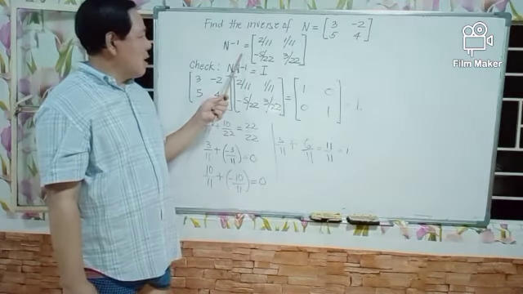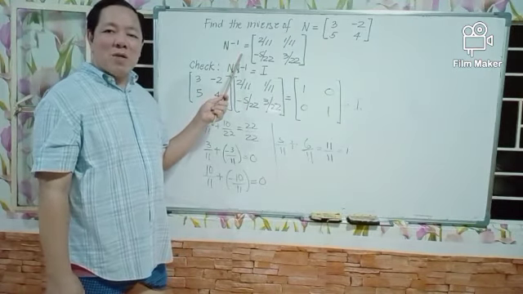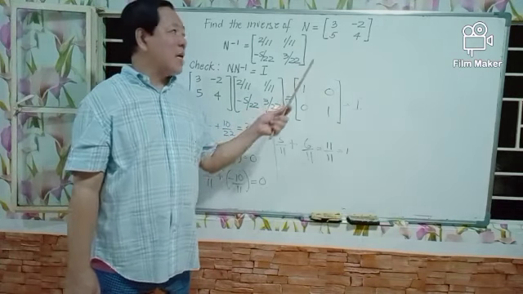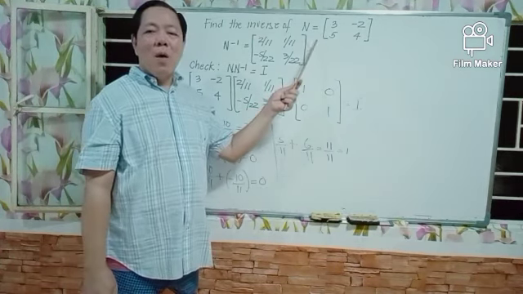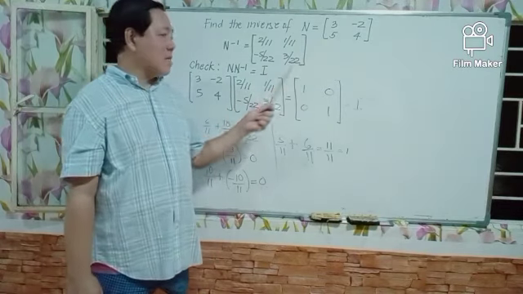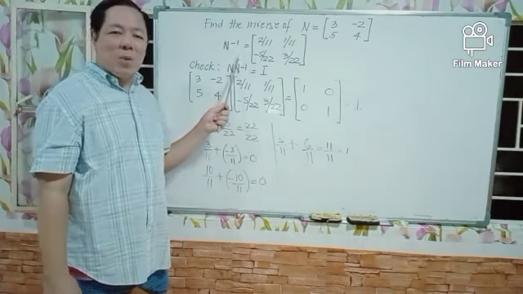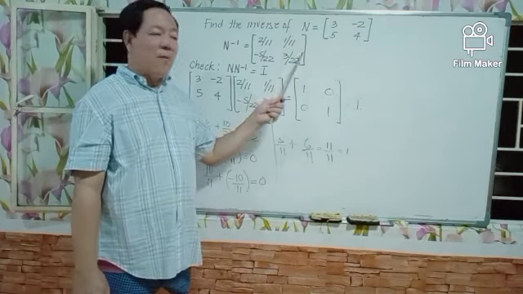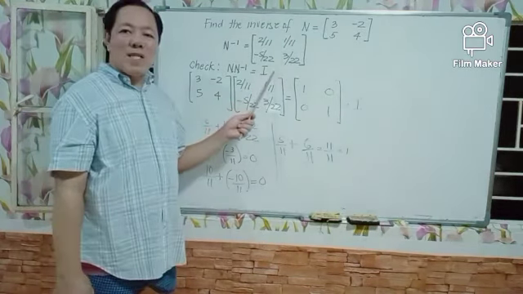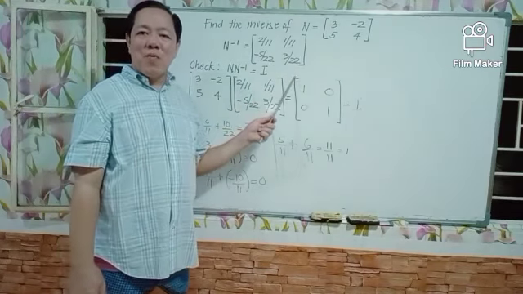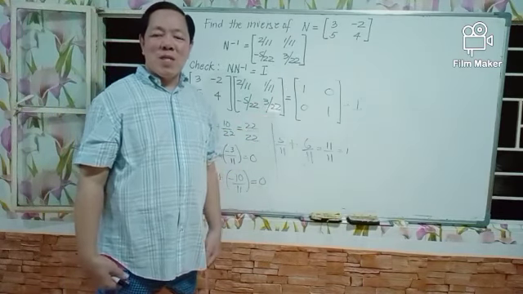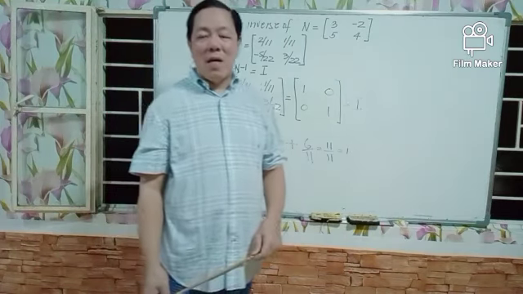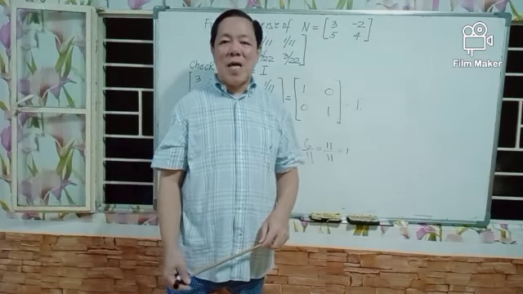Therefore, this matrix N to the minus 1 is the inverse matrix of the given matrix N. Or the inverse of matrix N is this matrix N to the minus 1 with these entries: 2 over 11, 1 over 11, negative 5 over 22, and 3 over 22. We now take another example in which we will have a square matrix of size 3 by 3.